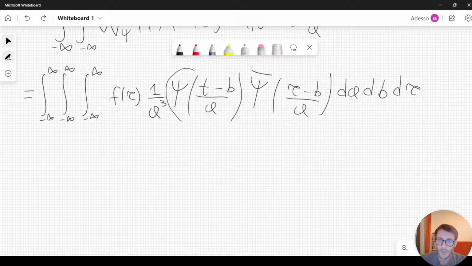So in particular, for example, I can write psi of t minus b over a like this.